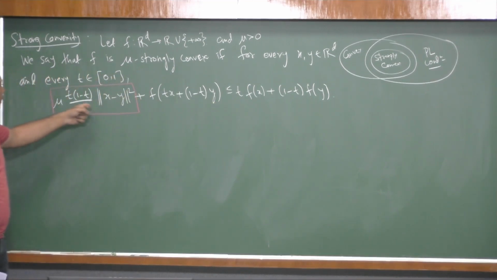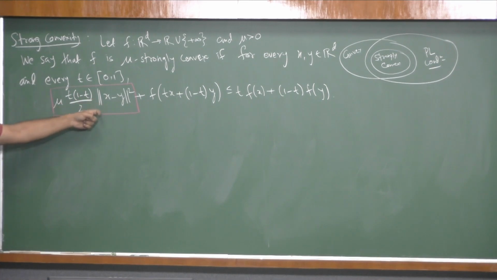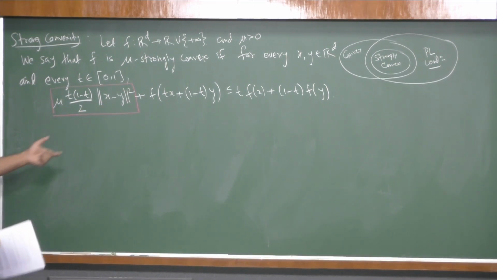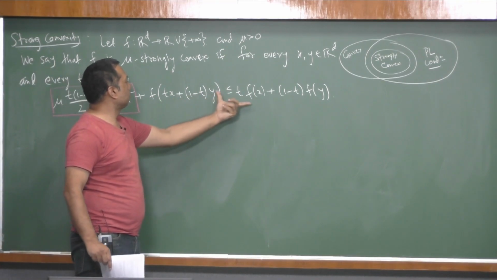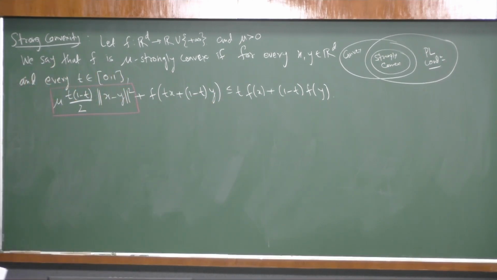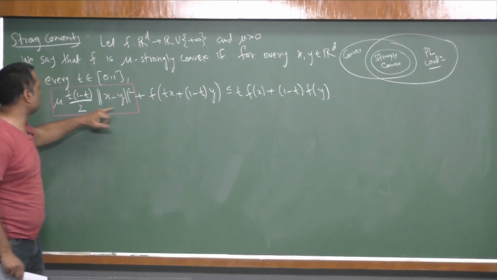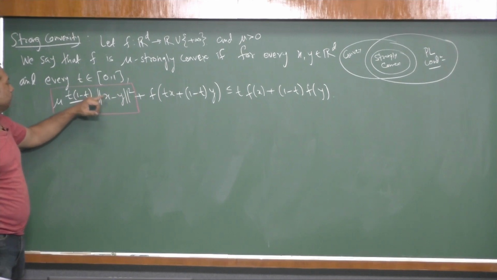But in mu strongly convex we are saying that even if I add some positive quantity, this is a positive quantity, with t being between 0 and 1 and the norm being positive, there is a little bit of leverage between these sides. So the function is not just above the curve values, but there is a good margin that it's above.